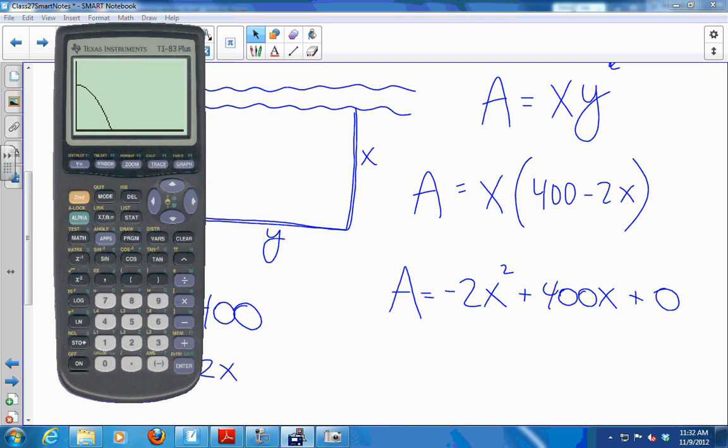Okay, so I have a parabola opening downwards. I'm just not seeing the other half of it because negative x's aren't part of our domain. So I need to know, let me take a picture of this so I can draw on it.